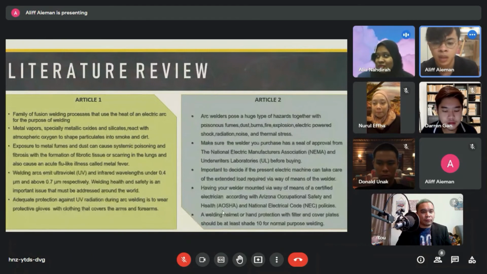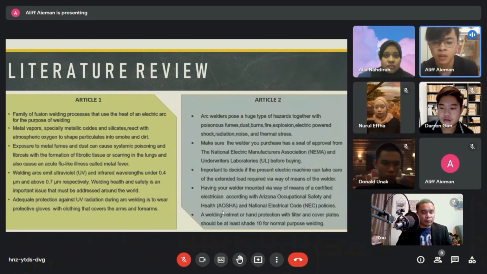It is important to decide if the present electric machine will take care of the extended load required by the welder. Have the welder installed by a certified electrician in accordance with Occupational Safety and Health or OSHA and National Electrical Code or NEC policies.